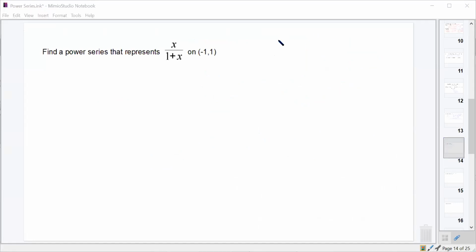So let's see if we can find a power series to represent x over 1 plus x from -1 to 1. Any thoughts on how we might do this?